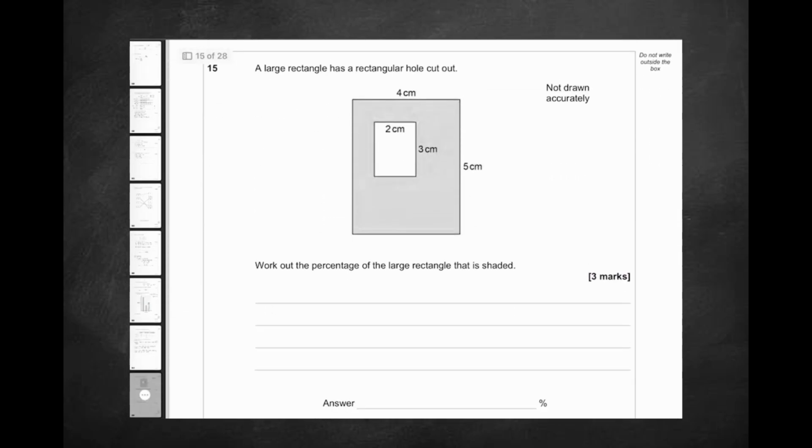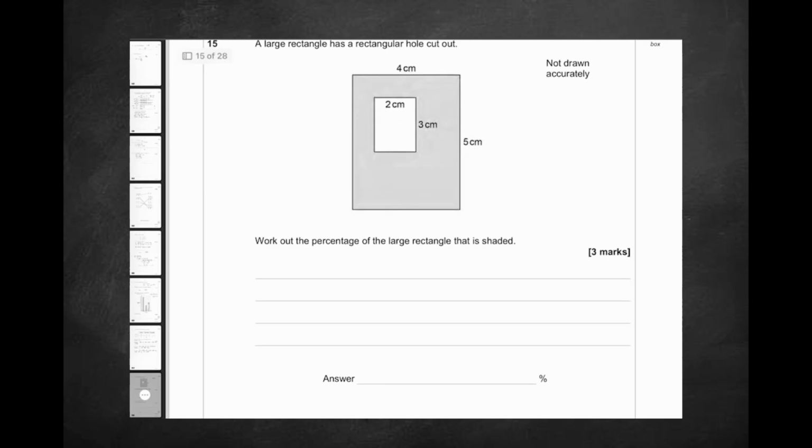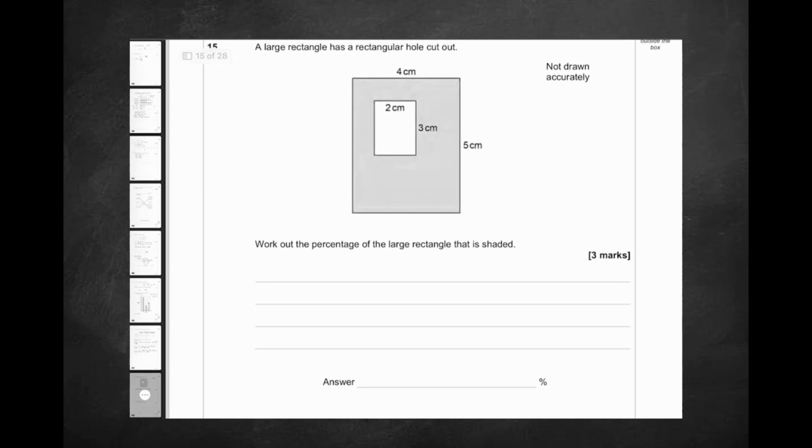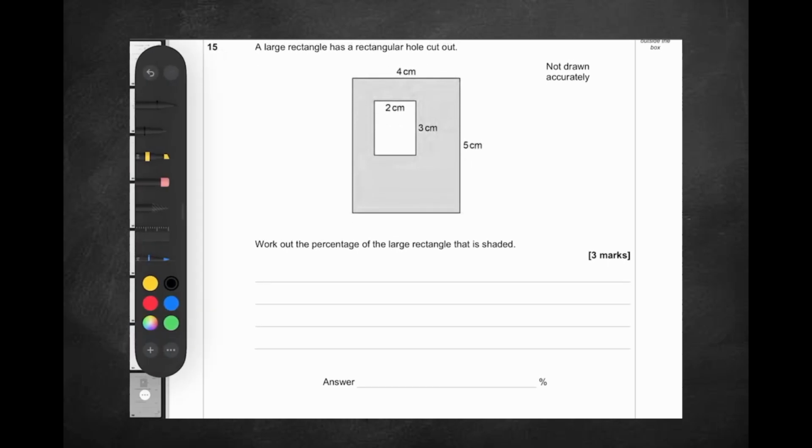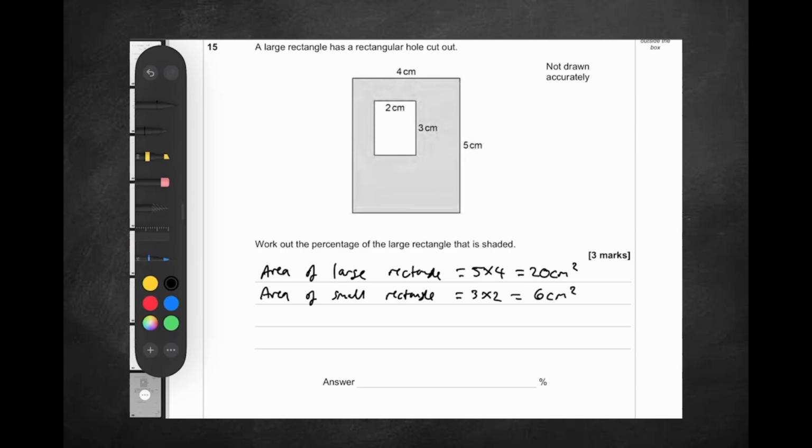Question 15. A large rectangle has a rectangular hole cut out. Work out the percentage of the large rectangle that is shaded. So the area of the large rectangle is going to be 5 times 4, which is just 20 centimeters squared. The area of the small rectangle is going to be 3 times 2, 6 centimeters squared.